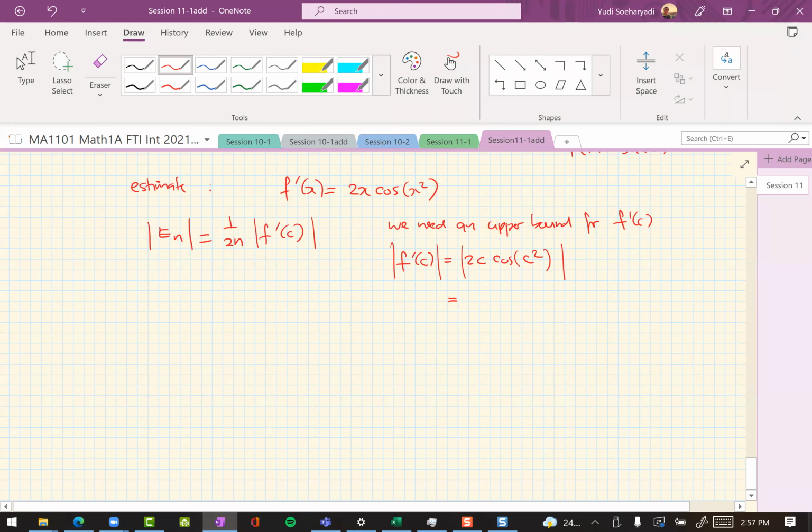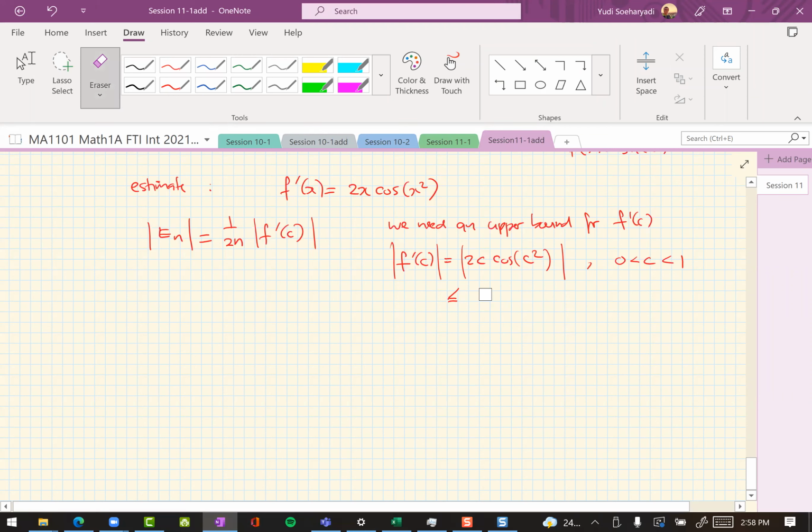So say the maximum is less than c. All right, so c is between 0 and 1. Okay, so just take a bigger one. So this is less than 2. Cosine is less than 1.